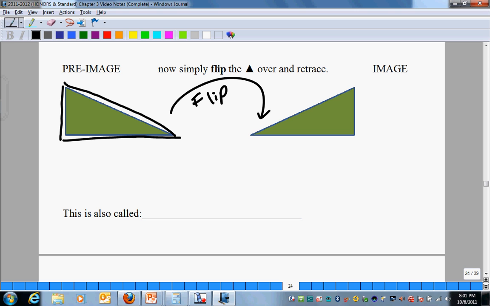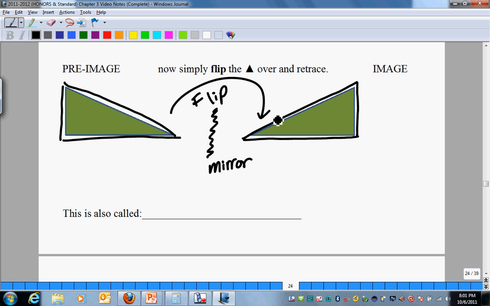You flip it straight over. Trace the image now. This is easy to understand. Pretend there's a mirror. Another name for the flip would be a mirror image, also known as a reflection.